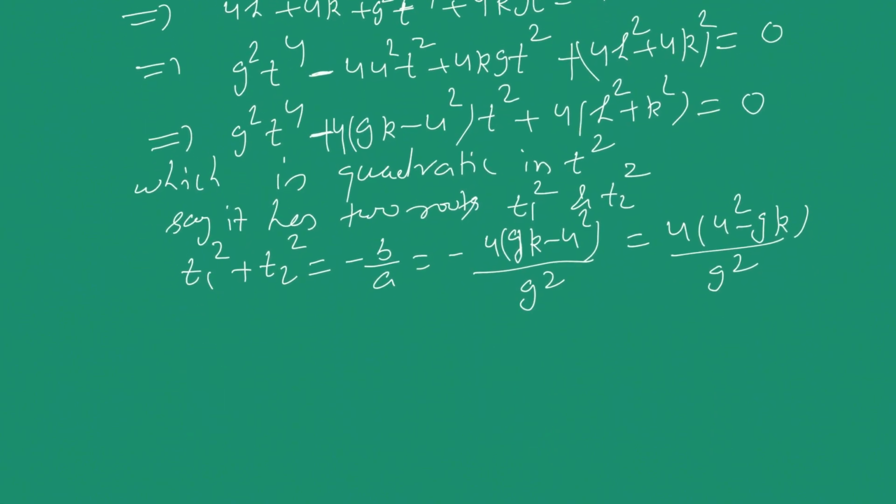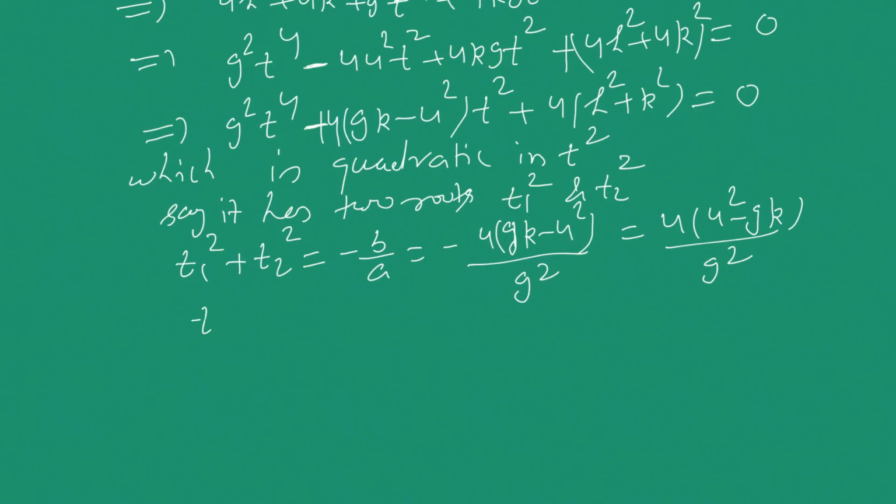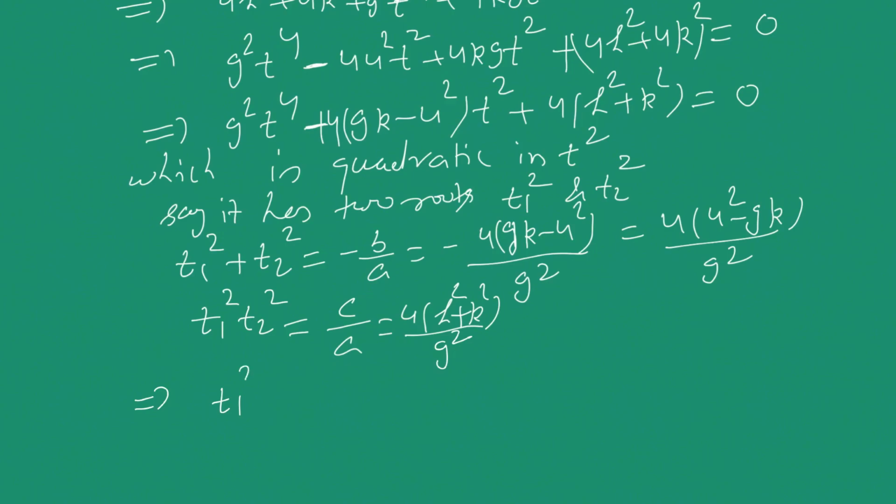And again we know that the product of roots t1 square t2 square is equal to c by a, which is 4 (h square plus k square) by g square. This implies that t1 square t2 square is equal to 4 (h square plus k square) by g square.